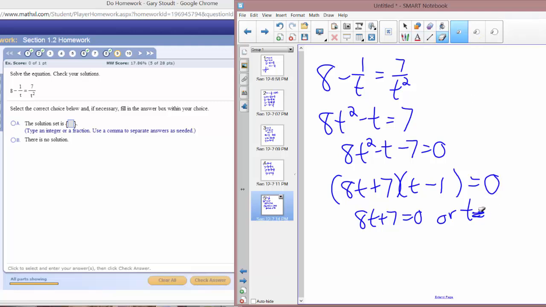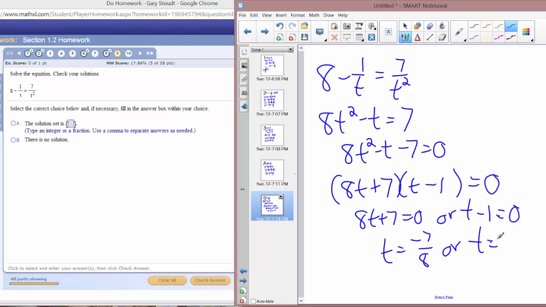Let me fix that. Which of course means t is -7/8, or t is 1.